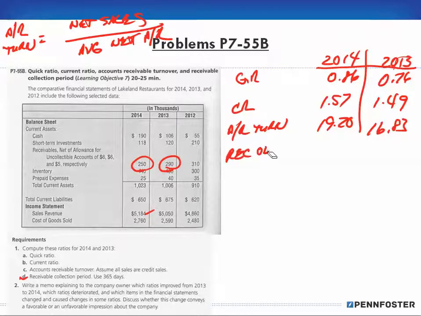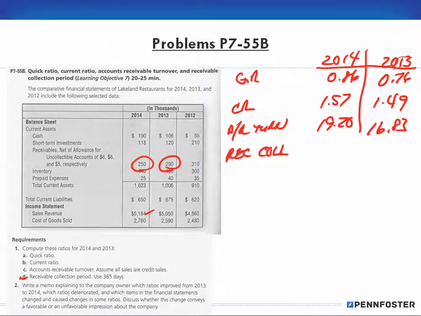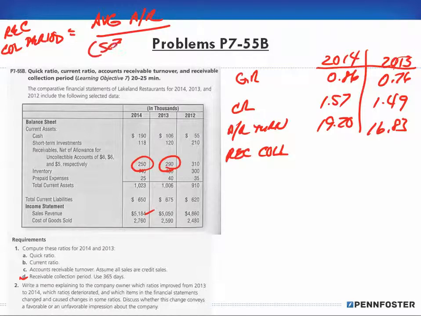Okay, so our receivable collection period is our average accounts receivable over the sales divided by 365.